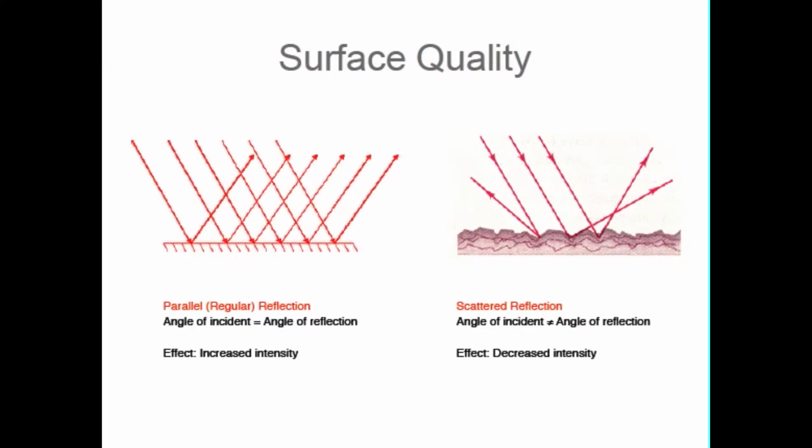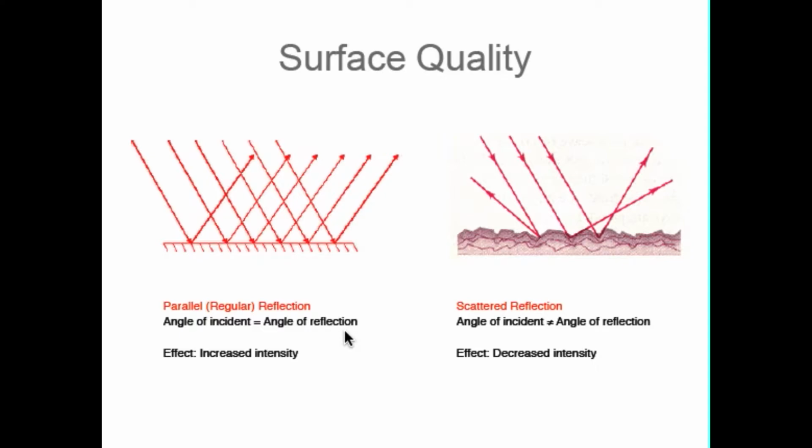When light hits a smooth surface, say a coated paper or a glossy tabletop, light waves will hit that surface and be reflected off in a parallel manner, so that your angle of incident is going to equal your angle of reflection.